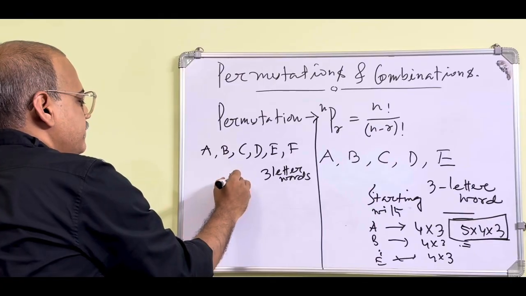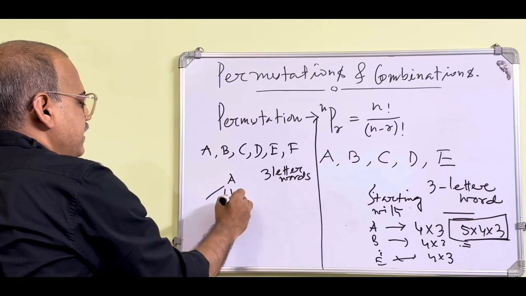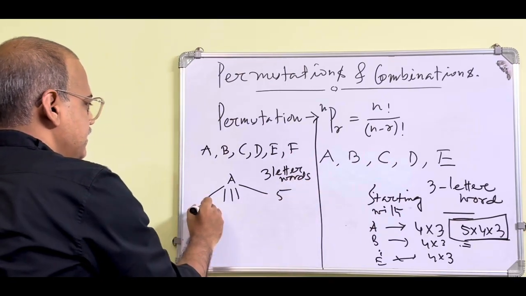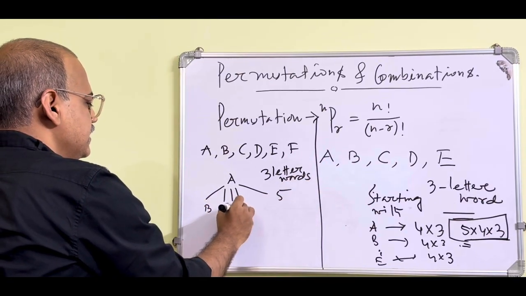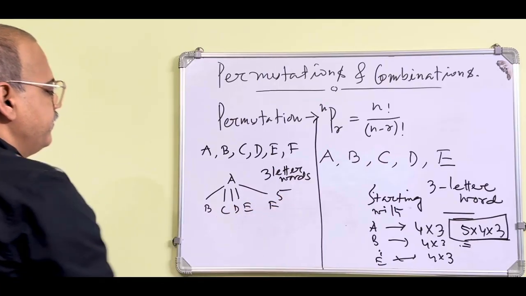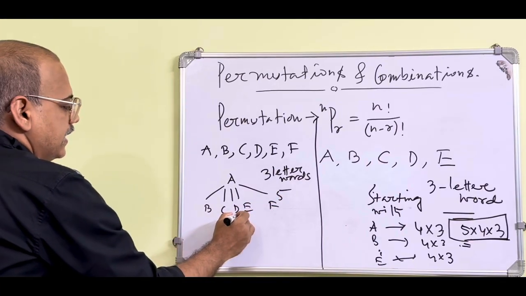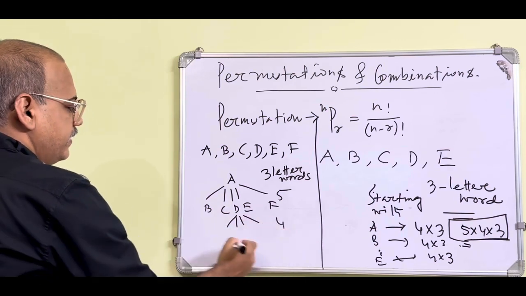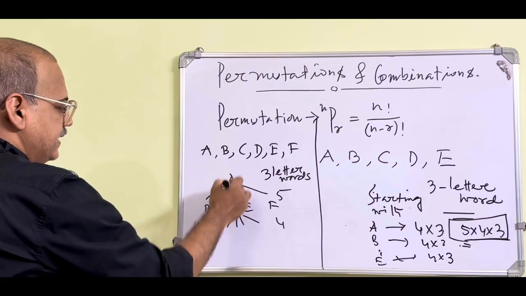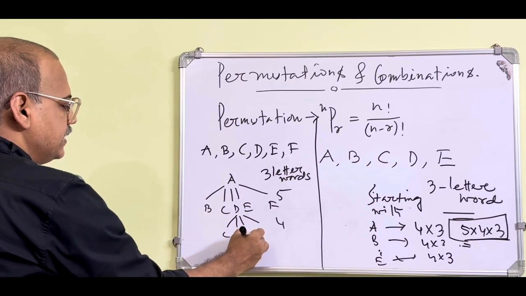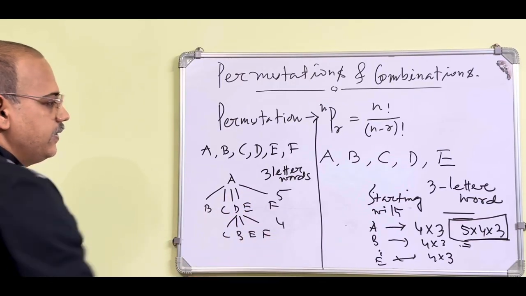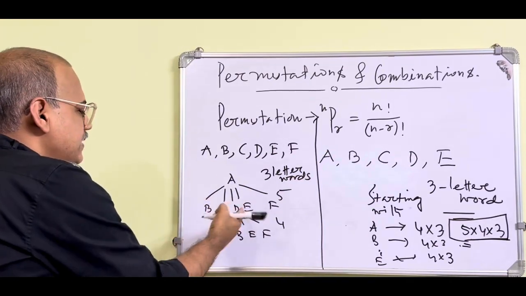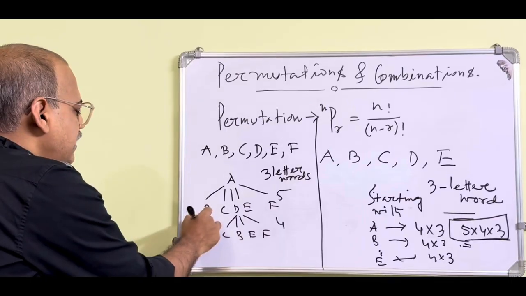Starting with A, the second position can be filled in 5 different ways: B, C, D, E, and F. Then the third position, let's say D, can be filled in 4 different ways. I need to form 3-letter words, so I'll not go further down. Likewise, if I take different paths, it has to be 4 in all cases.